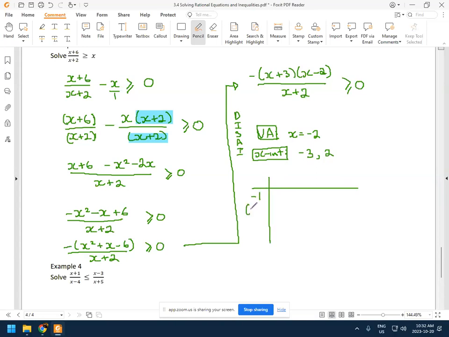Yes, Ali? It's kind of a similar question, but the way I did it, I didn't factor out the negative 1 as the denominator. And then that left me with x plus 2 and x minus 3 in the numerator, and then I crossed out x plus 2. I see what you're saying.